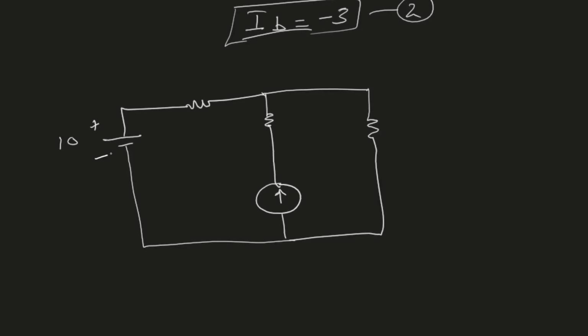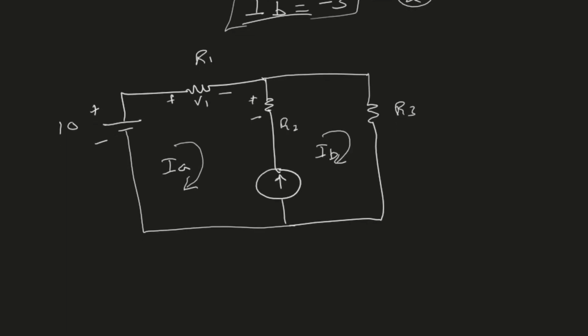10 volts, R1, this is R2, and this is R3. I have a mesh current IA and a mesh current IB. All right. Now the current source is IS, and let's say that is equal to 3 amperes.